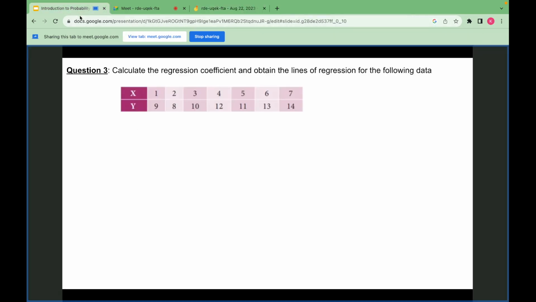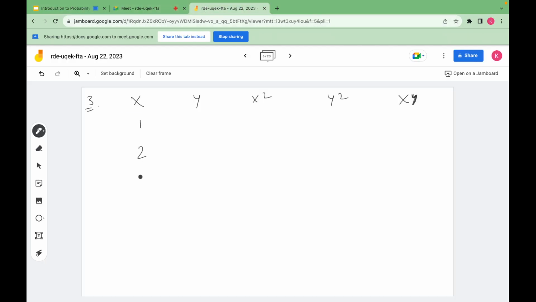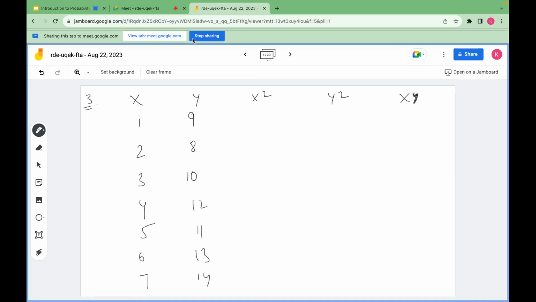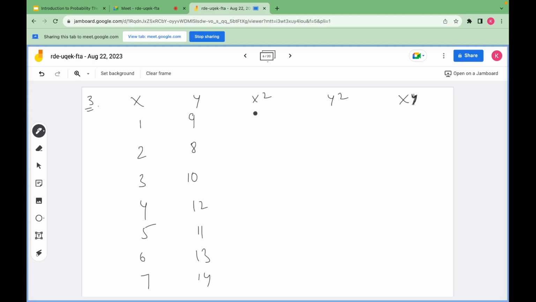This is x, the corresponding y values are these, and this is the multiplication of x and y.